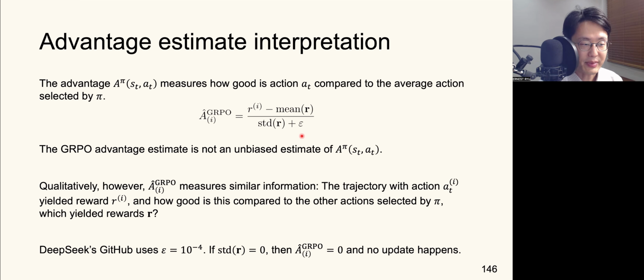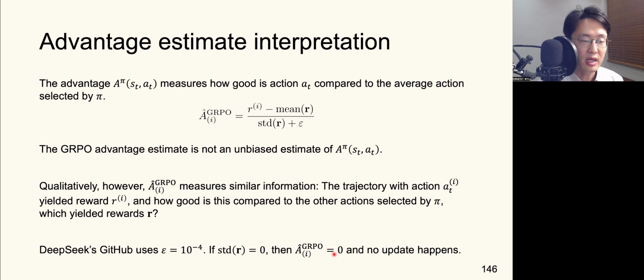By the way, this epsilon over here is reminiscent of the epsilon used in, let's say, batch norm. The DeepSeek team's GitHub repo uses epsilon equal to 10 to the minus 4. But by having this positive value of epsilon, sometimes the rewards within a batch, within your N trajectories, are all the same, in which case you have zero standard deviation.